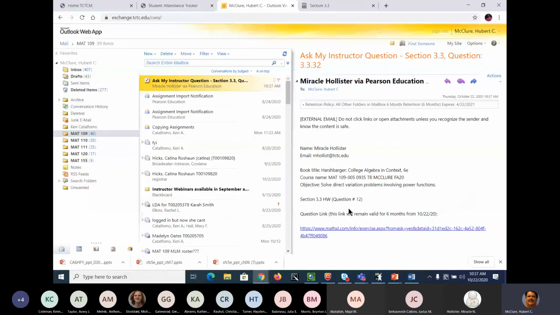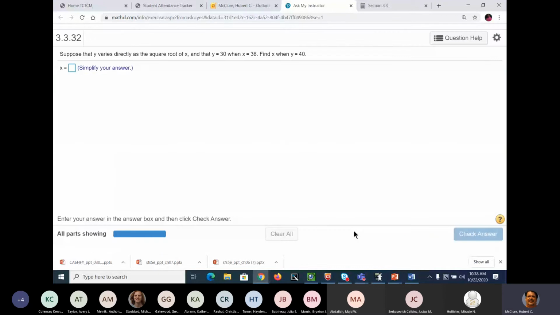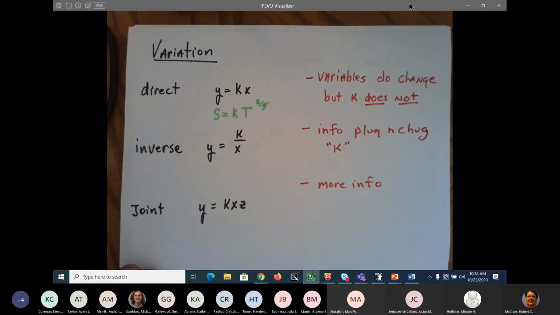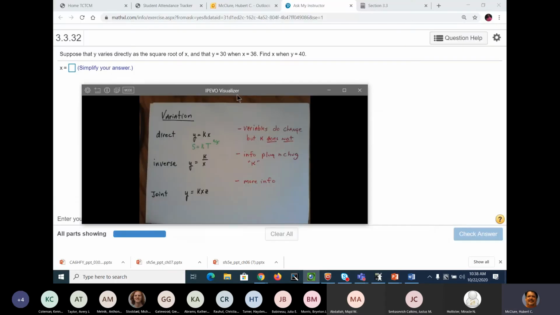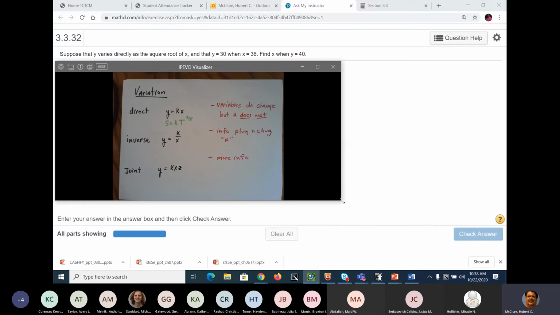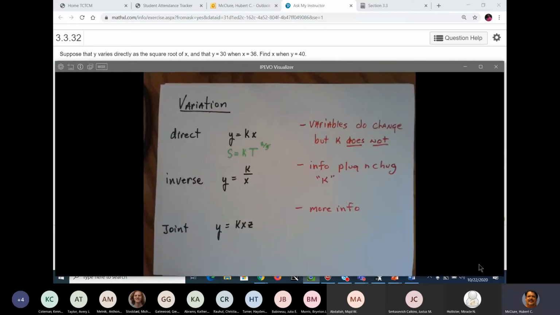This is 3.3 number 32 of 12. Okay, suppose that y varies directly as the square root of x. So here we go. This one is straightforward. So we pull up our handy dandy formula, it's this one right here, and they don't change anything.